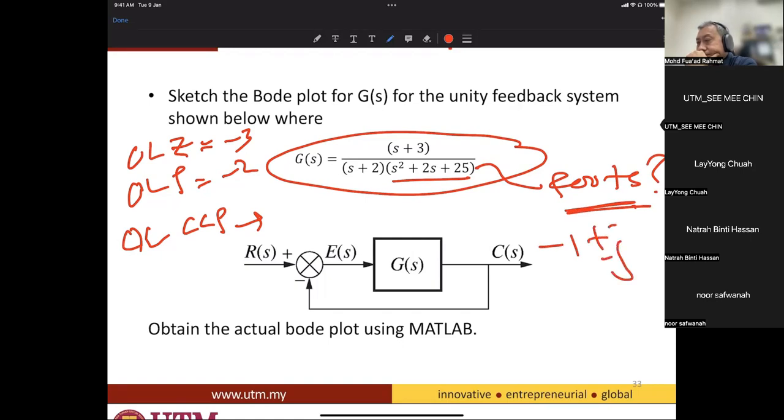plus 4.8. Okay. Plus minus j 4.8. Betul? Betul? Yes. Right. So dia kata lukis pakai MATLAB. Okay. Lukis pakai MATLAB.